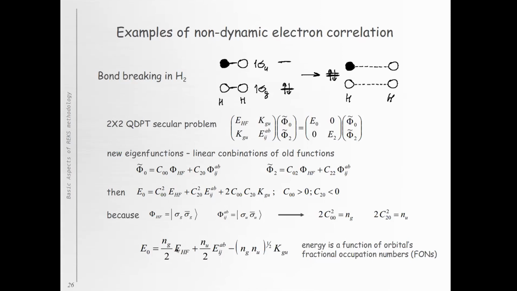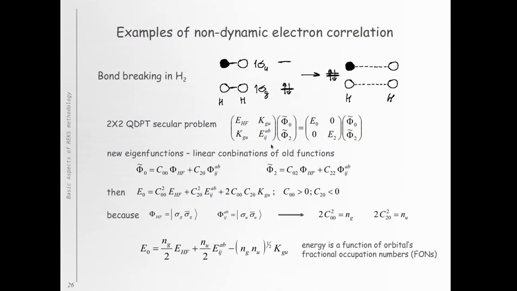From this energy expression we obtain that energy, where we see that it is a weighted sum of energies of the ground state electronic configuration with sigma G orbital doubly occupied. How do you get this equation? I couldn't follow you. I simply take eigenvectors of this matrix. Which matrix?